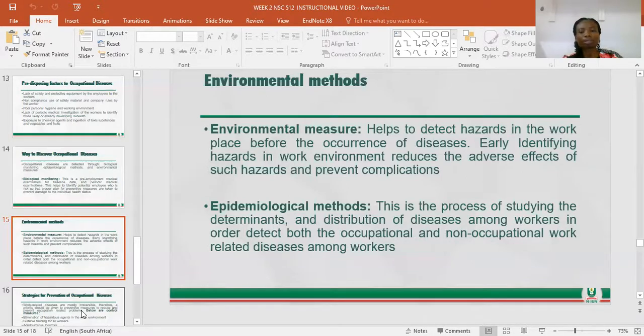Epidemiological methods: this is a process of studying the determinants or distributions of disease among workers in order to detect both the occupational and the non-occupational work-related disease.